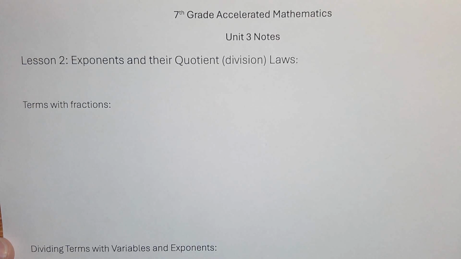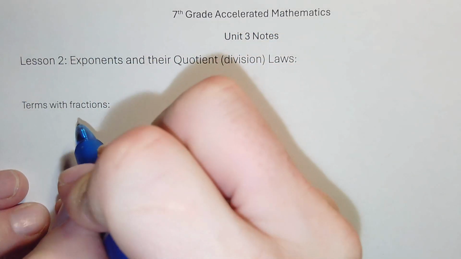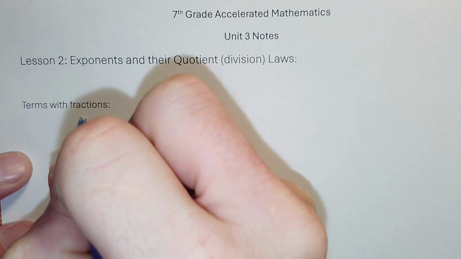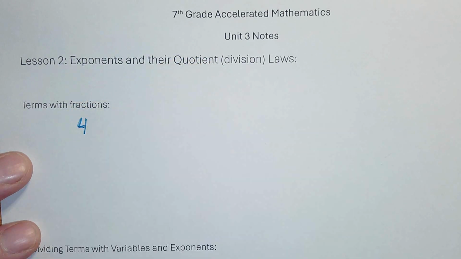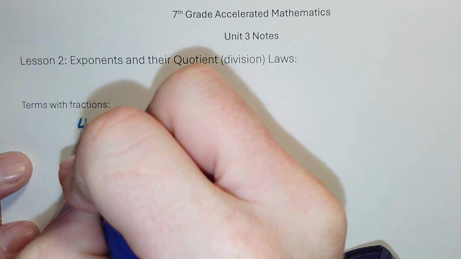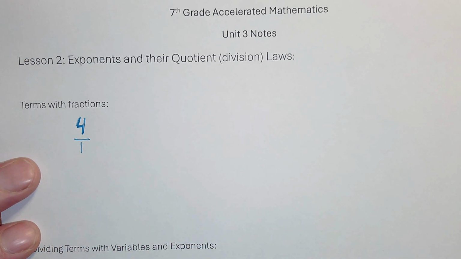All right. So say we have terms with fractions just to begin with. Any term can be a fraction. Say our most basic term is a constant, like 4. Well, this is actually a fraction, as you all know. It's 4 over 1. We just don't write the 1 because it's invisible.